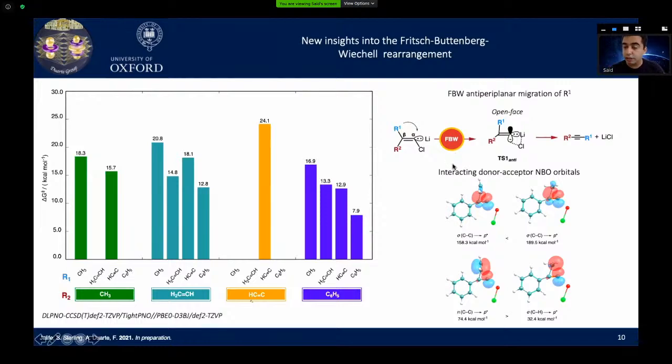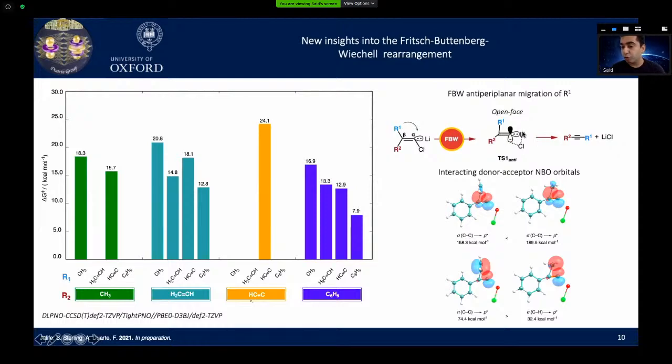The first one is that there's an open face for the attack of the R1 group to the alpha carbon. And since this is an open face, we see that there are strong donor-acceptor interactions, in this case I'm showing you the donor-acceptor NBO orbitals, where the electron-deficient carbon is stabilized by hyperconjugation interactions from the migrating carbon-carbon bonds.